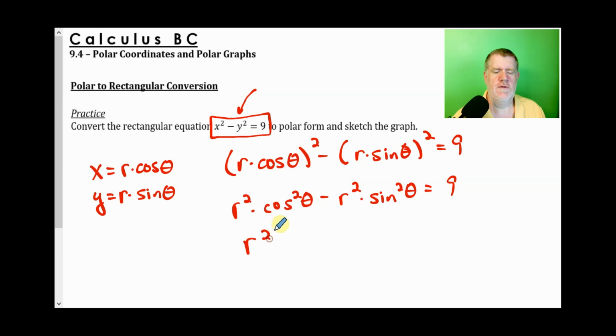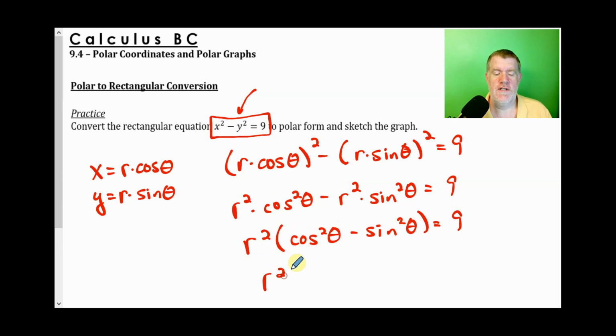Now, I didn't remember this off the top of my head because I don't have all my trig identities memorized, because it's been a while since I've actually done them. But I thought, there's got to be something for cosine squared minus sine squared. So I looked it up. I took the textbook, went right to the first page. Not even the first page, the first insert. And on the back of the first insert, it reminded me that cosine squared minus sine squared equals cosine of 2 theta.